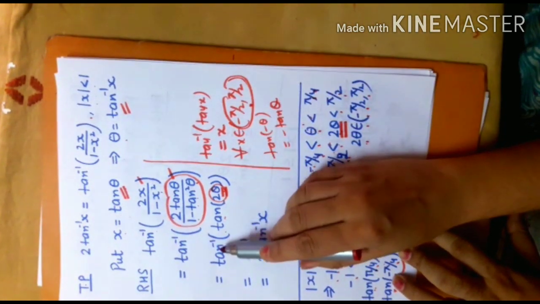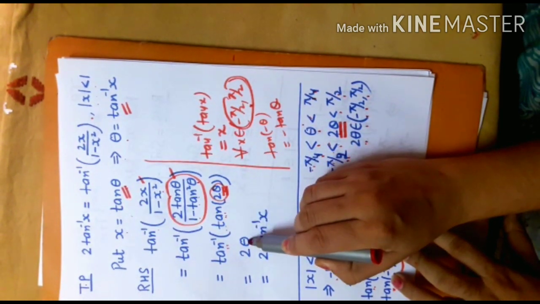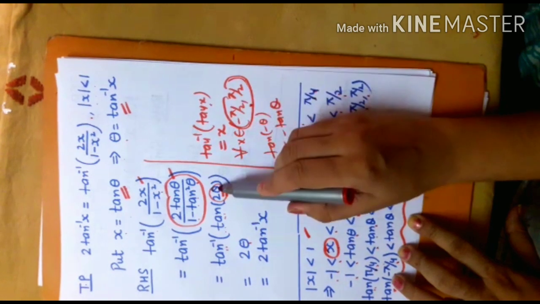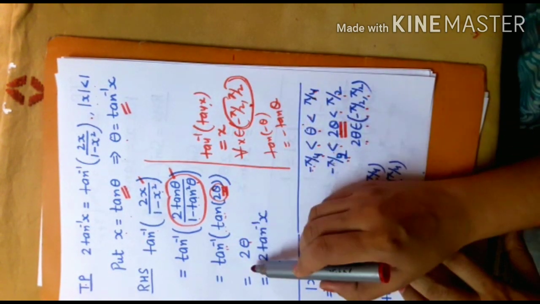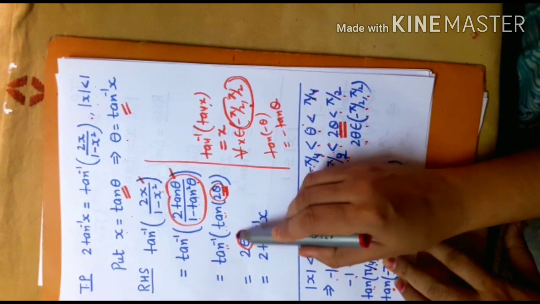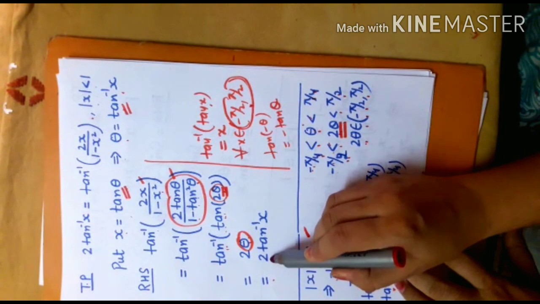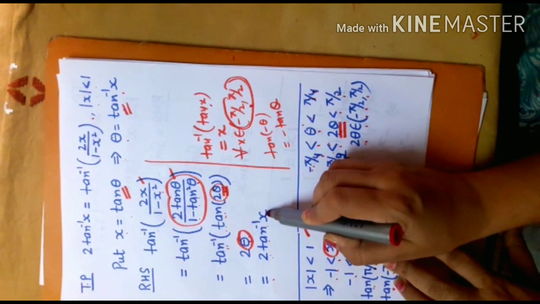So therefore, tan inverse tan 2 theta will be equal to 2 theta. The role of x is being played by 2 theta. So I'll get here 2 theta. And what was theta? Theta was tan inverse x. So this is equal to 2 tan inverse x.